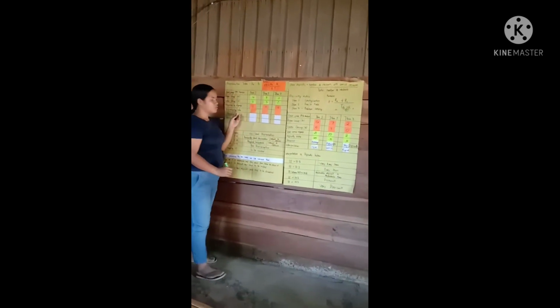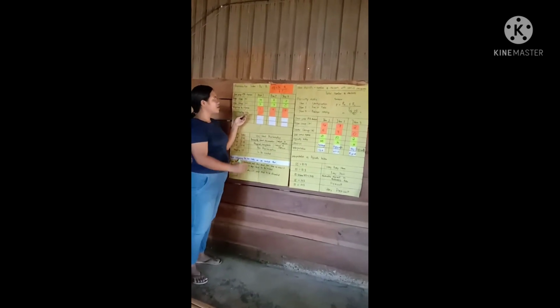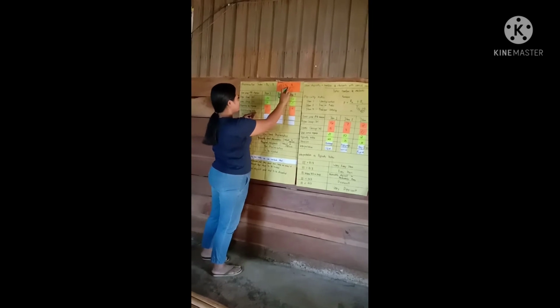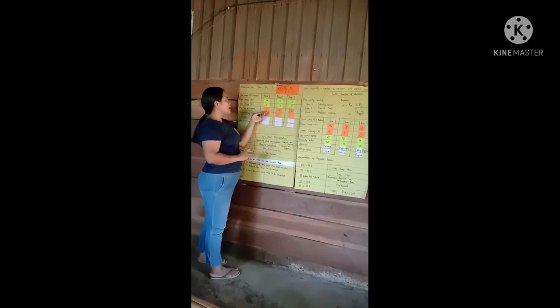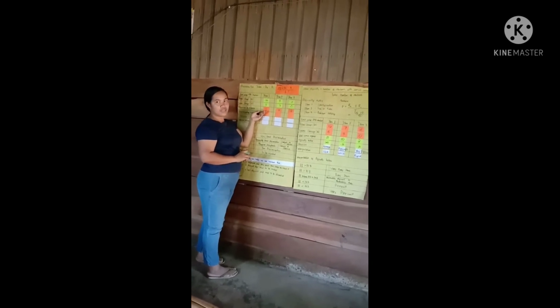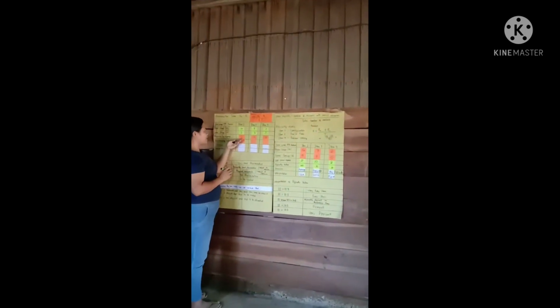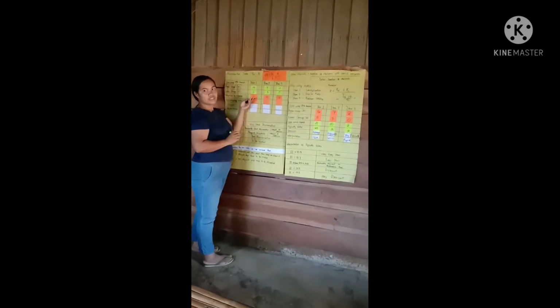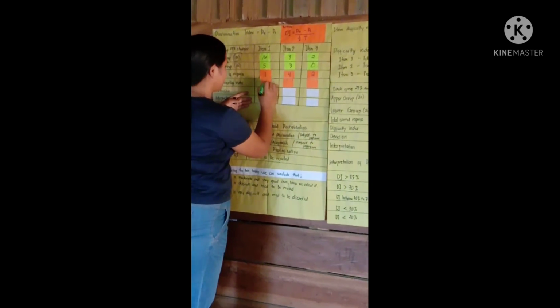Now we will be looking for the discrimination index. The formula here is DU minus DL. We have here the 11. Half the total of the students is only 20. So it will become 11 divided by 20, which equals 0.55.